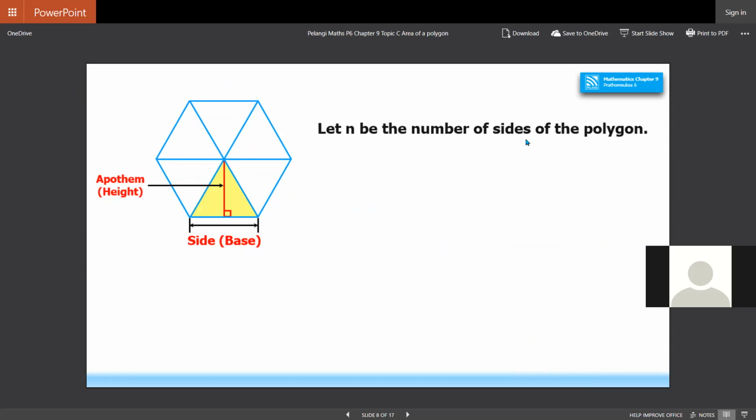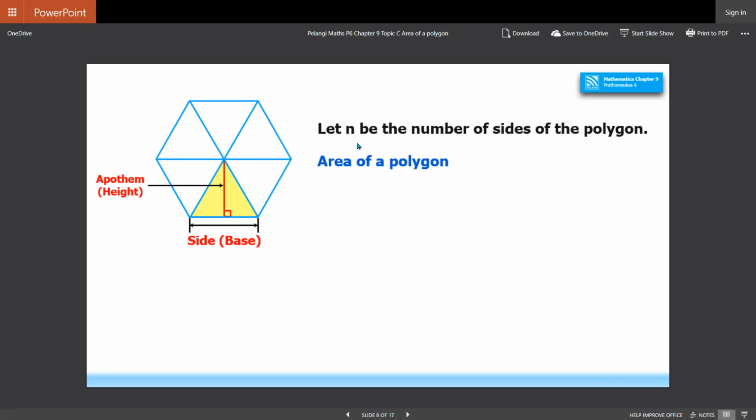All right, so therefore let n be the number of sides of the polygon. Who's going to tell me, how many sides does this polygon have? Look at the polygon. 6, very good. So n will be 6, remember that. So once again, the area of the polygon is 1/2 multiply n, number of sides, which is 6 for this polygon, okay? Then multiply length of the side, multiply what? What's the last one there?